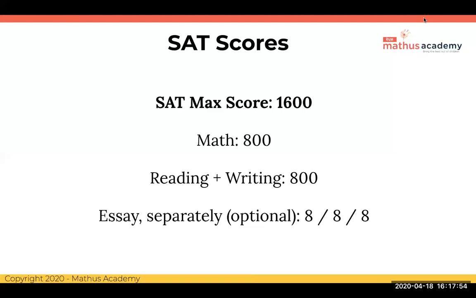So the essay is the only part that is manually graded by English teachers, and two of them grade every student's paper. They give a score between 1 to 4 on each of the parameters. The two scores are then added together, so on a scale, it will go from 2 to 8 on each parameter. You may get any score between 2 to 8.